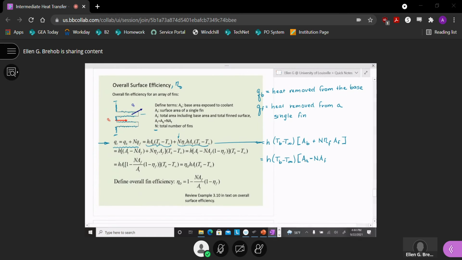Okay. All right, so this combination gave me the base area. So I've subtracted off all of the surface area for the fins, and all I'm left with now, I should be back to the base area. All right, and then this guy is unchanged.